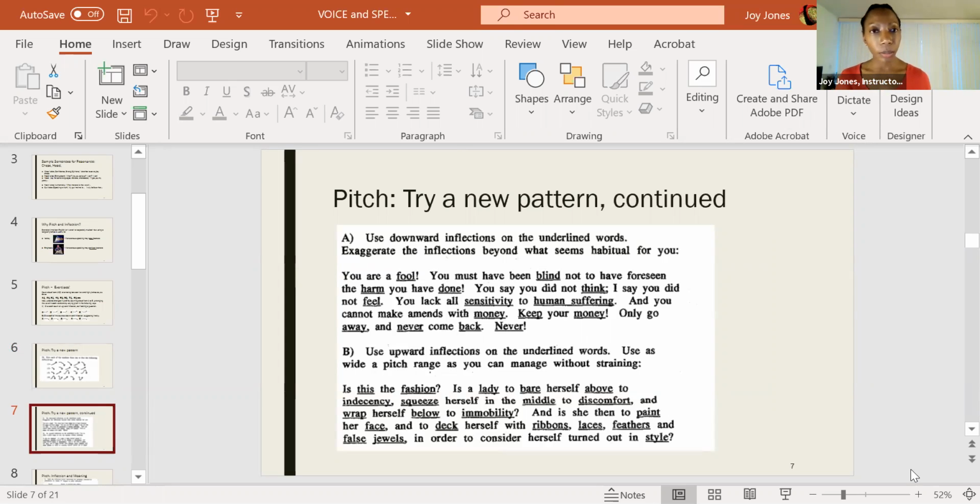In the first passage, we are using downward inflections on the underlined words. This already anticipates that some of these will feel a little strange for us. The instructions say, exaggerate the inflections beyond what seems habitual for you. So again, some of these will make sense to our ears. Some of these will seem odd, but they're on purpose, as we're shaking things up at this point.